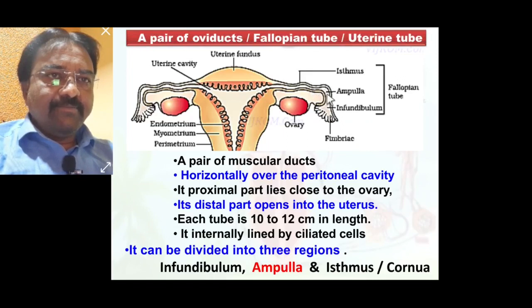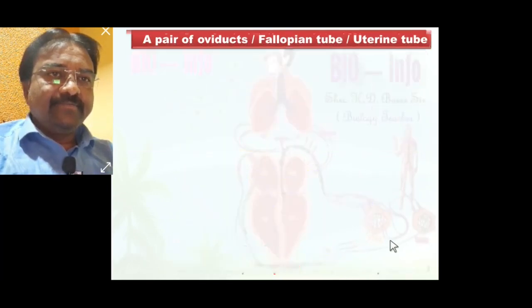And isthmus, the distal part of the oviduct. So infundibulum, ampulla and isthmus are the parts of the oviduct or fallopian tube. We discuss one by one in detail.